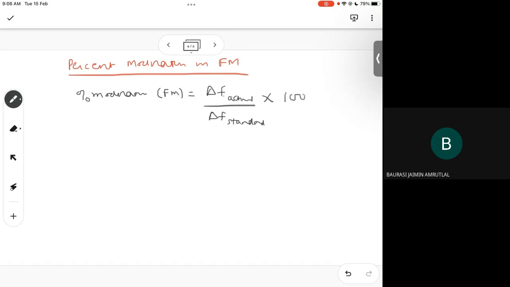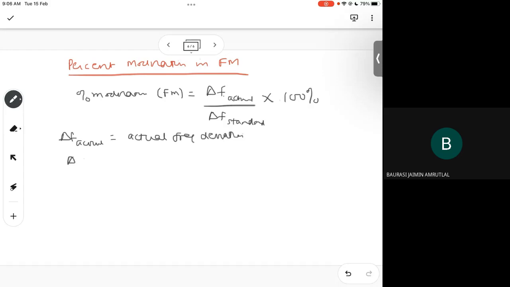What do these things mean? Delta f actual is the actual frequency deviation, which is obviously in terms of Hertz.